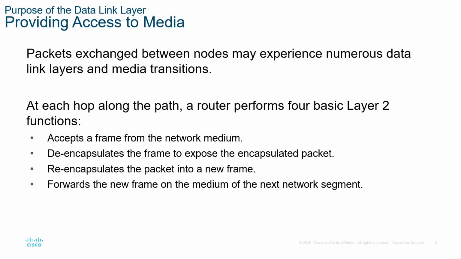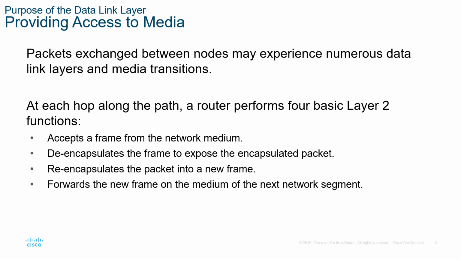It will review both the layer 2 frame and the layer 3 packet. It will re-encapsulate the packet into a new data frame, with a new data frame header. It will then forward the new frame on the medium to the appropriate network segment.